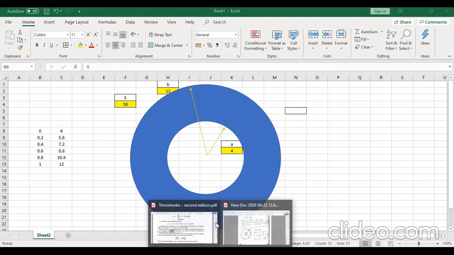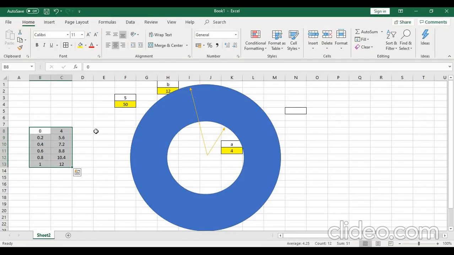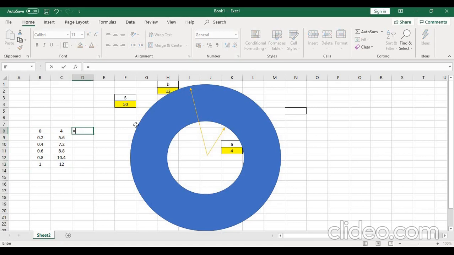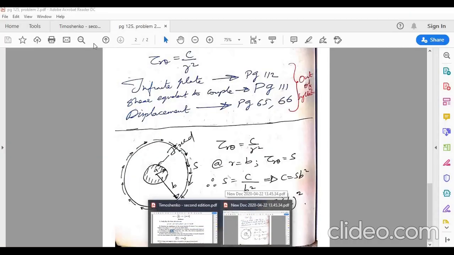Now let us put in this particular expression, s into b by r whole square. So this is equal to s, again with F4 because we want it to remain static, into bracket b, b by r square.